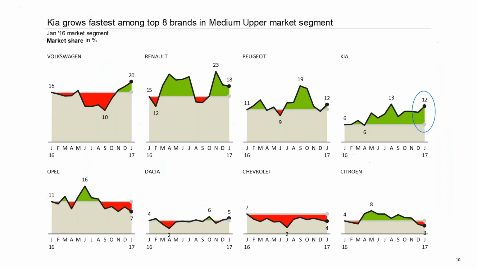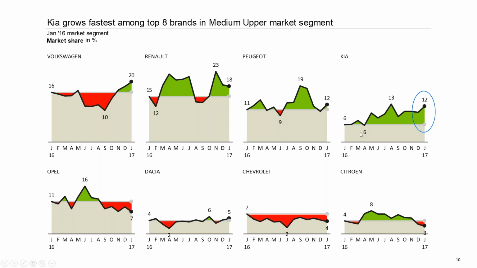All right, another example, this time the market share in percent. For example, we have different car brands like Volkswagen here, and from January last year to January this year, so it's actually a year-over-year comparison on the month here, and we understand how the market trends are developing for each of the brands.